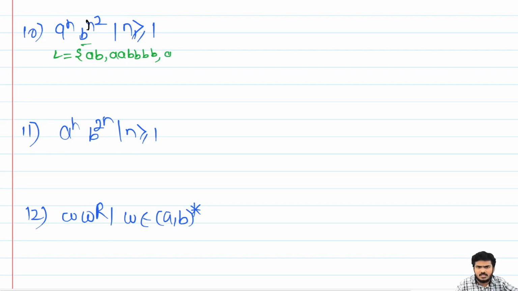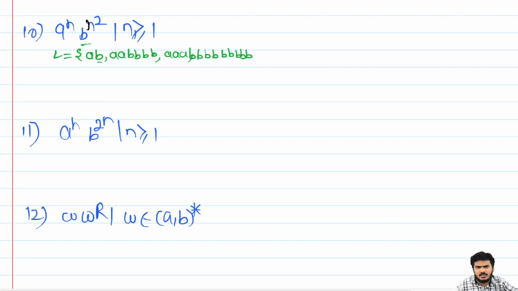When n is equal to 3, I will write triple a and 3 square, that is 9, so b will come 9 times.